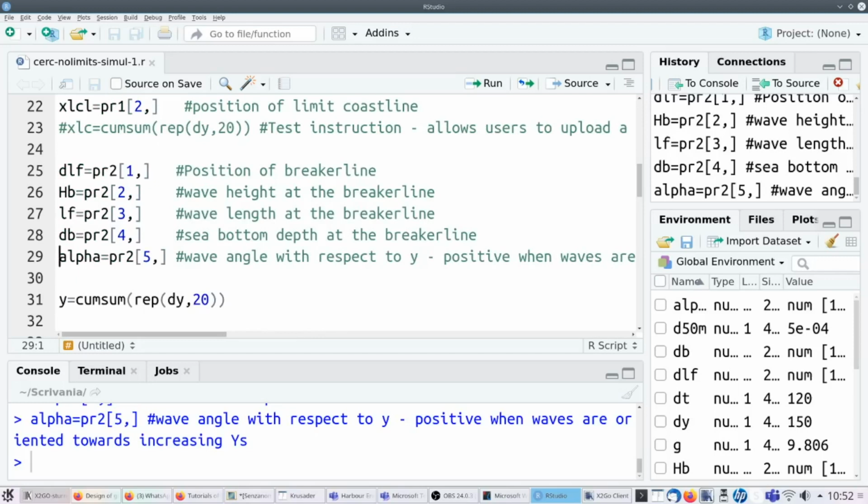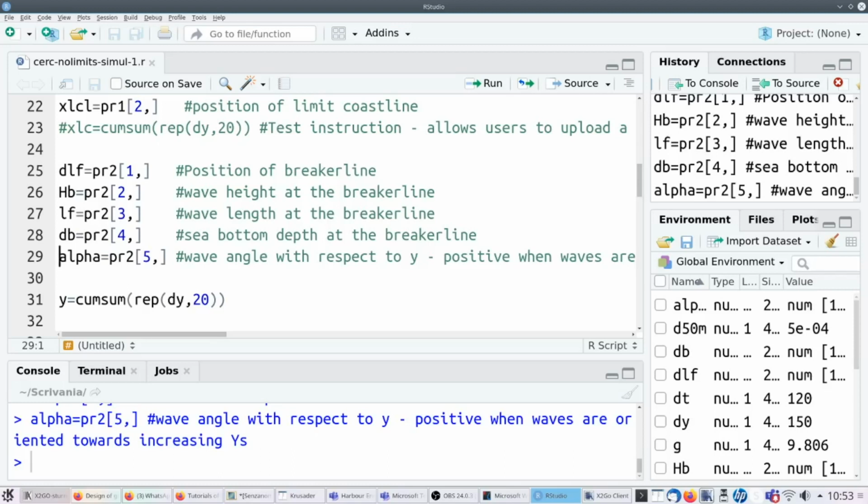Instead, if you get the waves oriented towards decreasing y coordinates, then the angle would be negative. In our case, the angle is always positive.